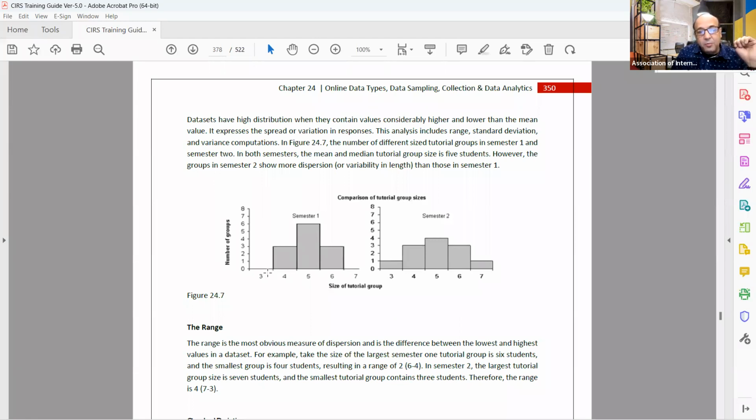So in first semester, nobody was enrolled in the third tutorial group. No student was enrolled, so there was a gap. In the second semester, you did find one group of students enrolled. In the fourth tutorial group, the number of students enrolled in different groups was 3.